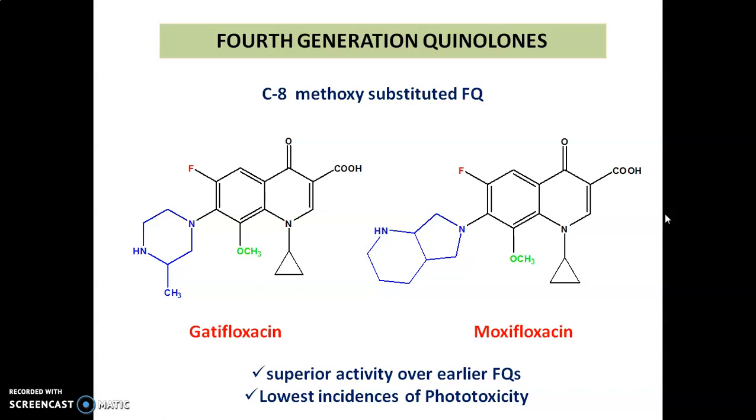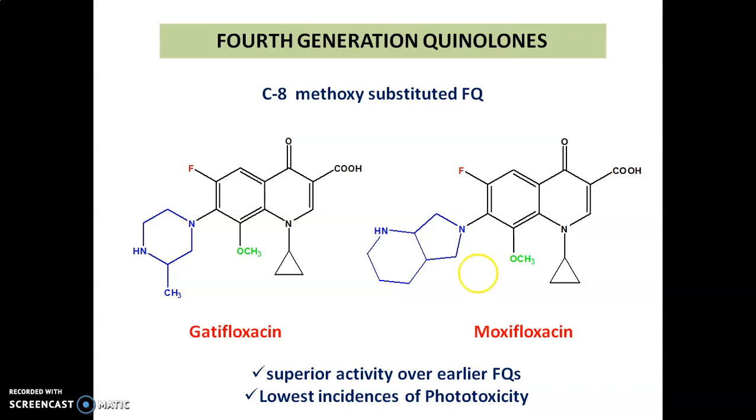Fourth generation fluoroquinolones contain methoxy group at 8th position. Examples are gatifloxacin and moxifloxacin. If you see the structures carefully, there is a presence of methoxy group at 8th position. They have superior activity over earlier fluoroquinolones, and they also have lowest incidences of phototoxicity.